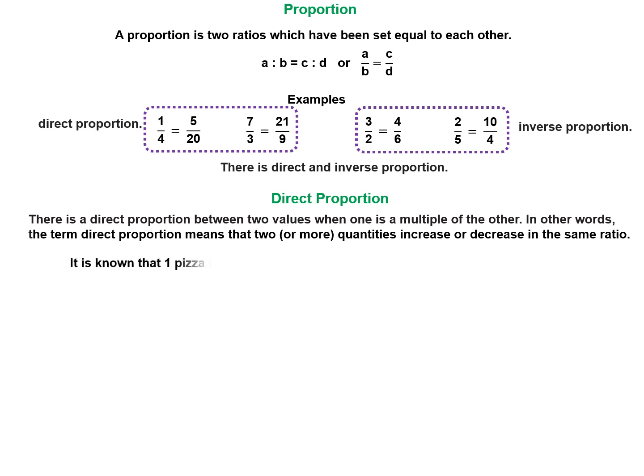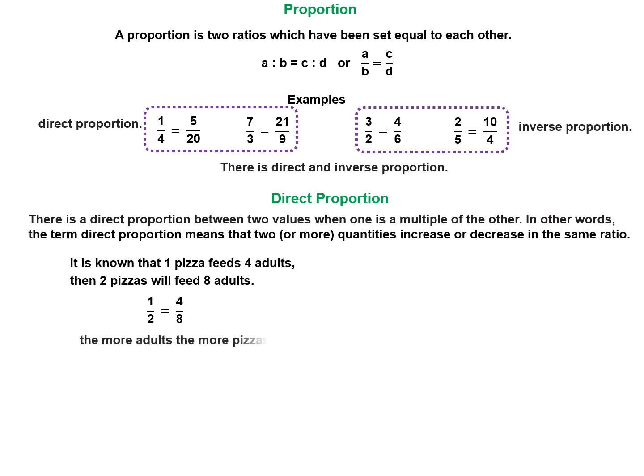It's known that one pizza feeds 4 adults. Then 2 pizzas will feed 8 adults. The more adults, the more pizzas.